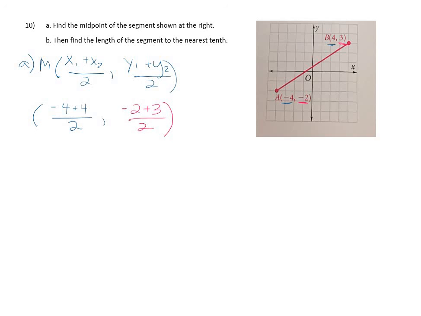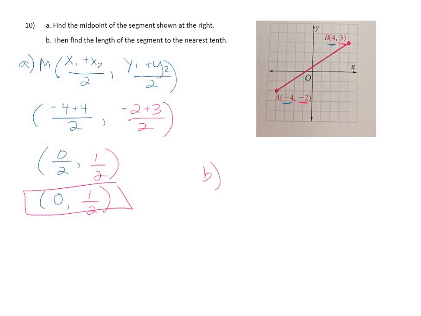Now I can do the math on this here. -4 plus 4 is 0, so 0 divided by 2 is just 0. And then I have -2 plus 3, which is 1 over 2. So the midpoint here is at (0, 1/2).